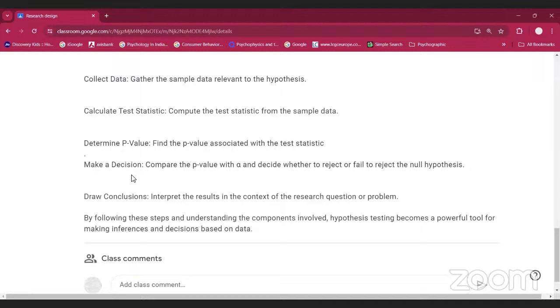Are the steps of research design clear to all of you? Yes, sir. Now I am asking you, please tell me the research design for this study.